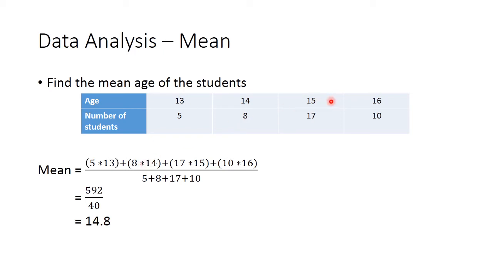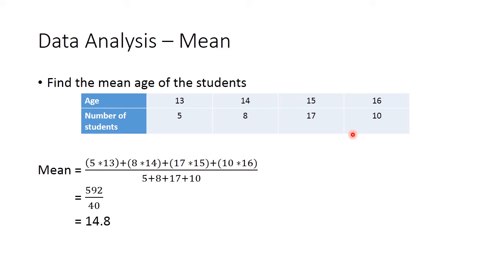Do the same for 15 and 17, multiply them. 16 and 10, I will multiply them as well. But I need the total. So that is where I have all these plus signs over here. That will actually be my sum or my total.